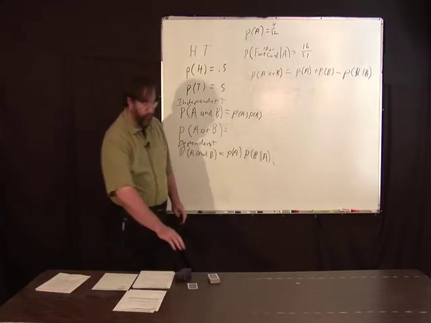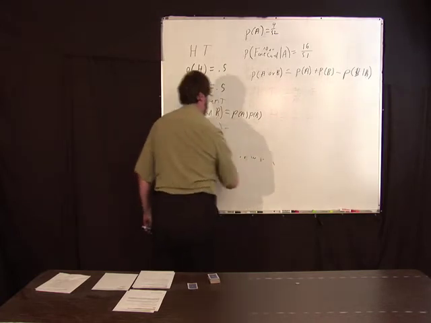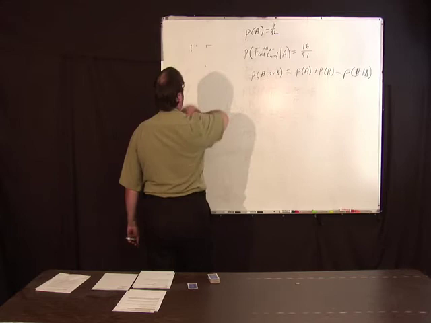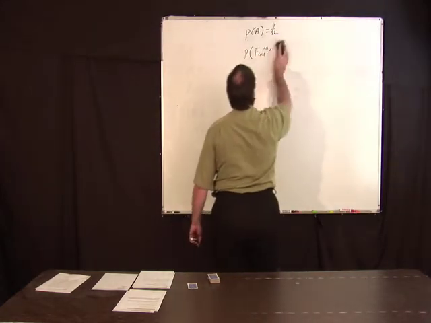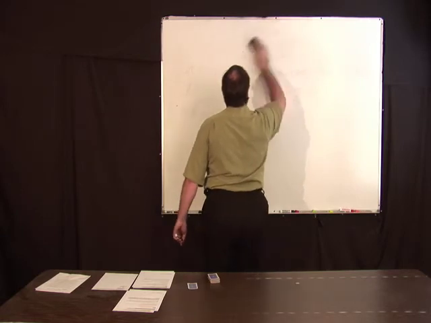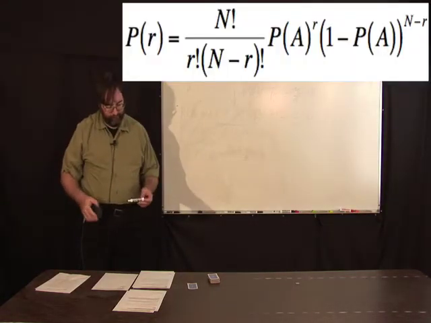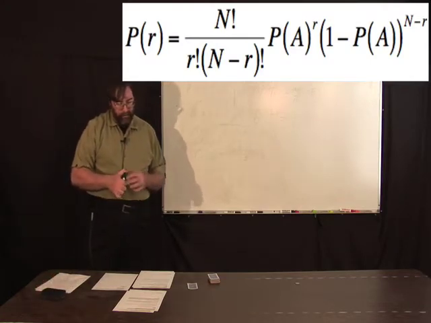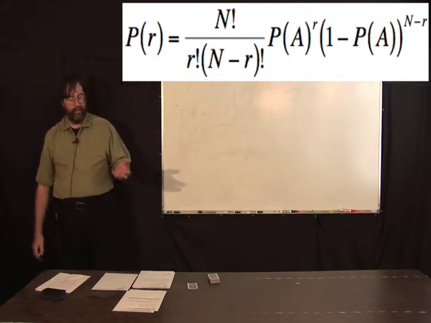The other thing I want to talk about, once you have only two events, two discrete events, that's governed by what's called the binomial distribution. And here it is. If you can see, we'll come back to that in a second.